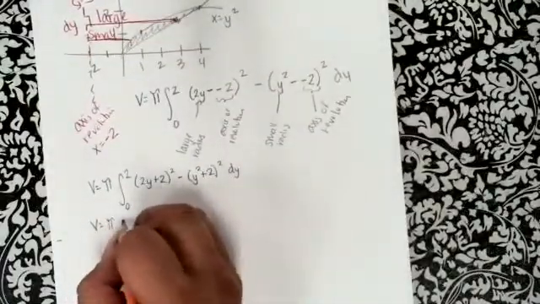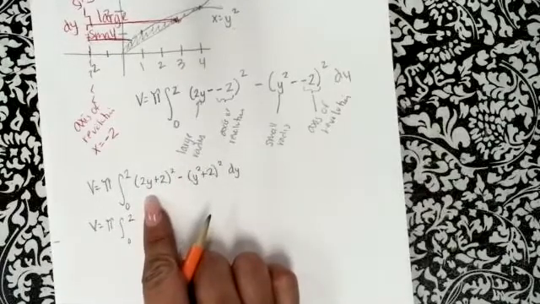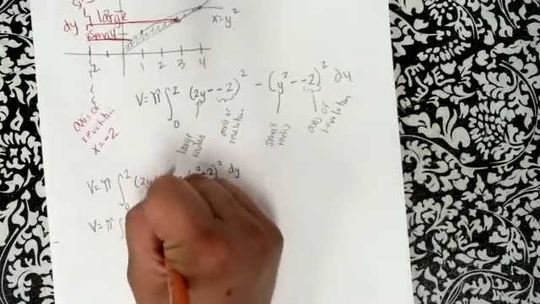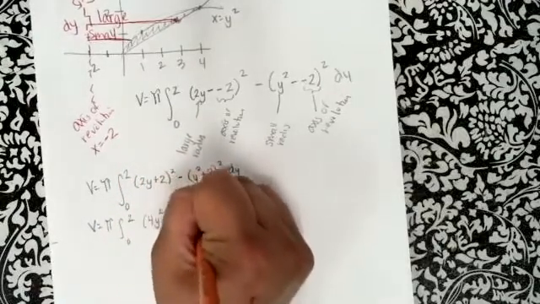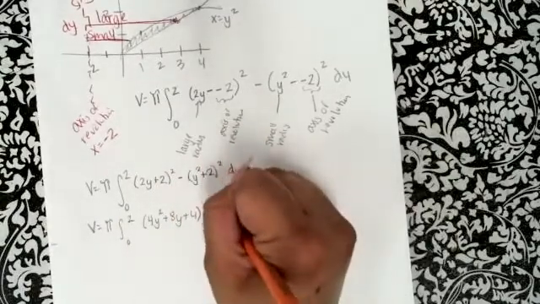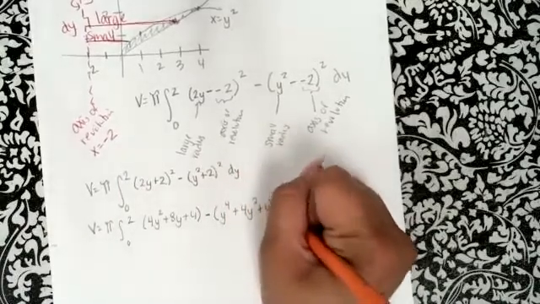When I square it, this square is going to be a 4y squared plus 8y plus 4. This square is going to be a y to the 4th plus 4y squared plus 4.